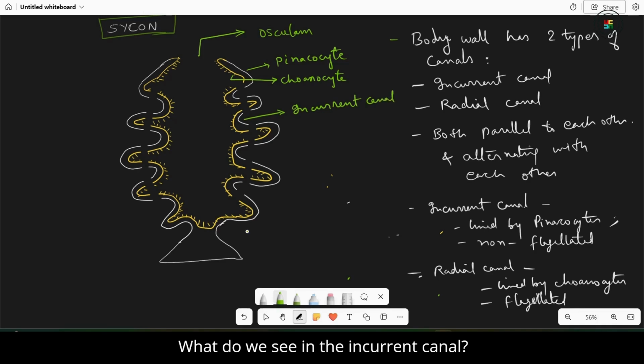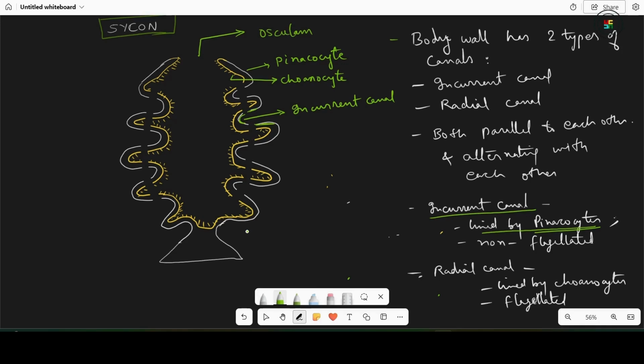What do we see in the incurrent canal? Its boundary is lined by pinacocytes. So this is the pinacocyte, right? It is non-flagellated.